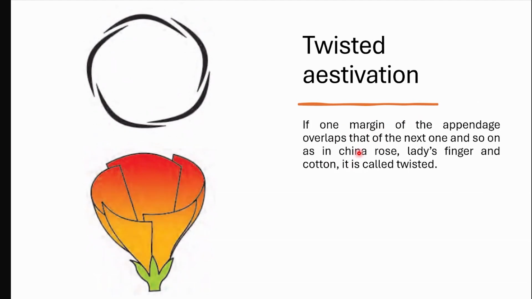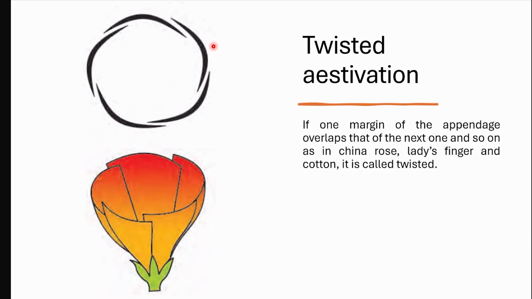Then we have twisted aestivation. Over here also you can see that there is a definite overlap, in the sense that every petal is overlapping a little with the other petal. This is overlapping with this, then this will overlap with this.